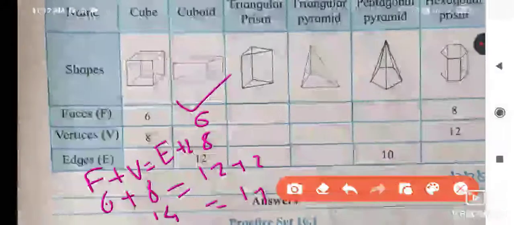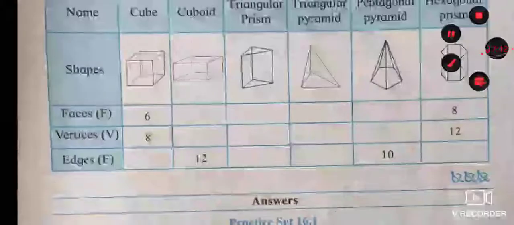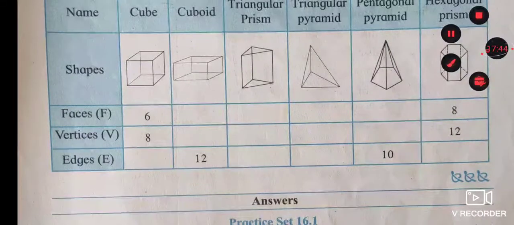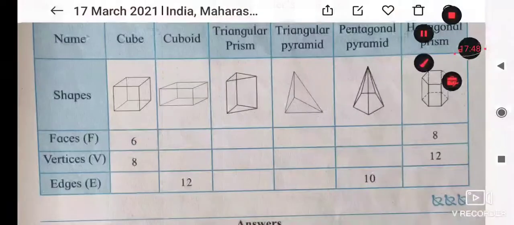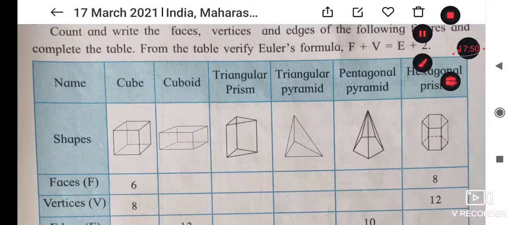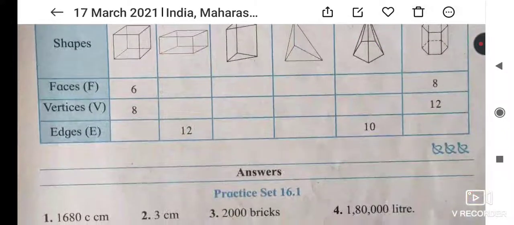So Euler's formula is verified. In this way, you complete this table for the hexagon, triangular prism, triangular pyramid, pentagonal pyramid, and hexagonal prism. For all of these, you have to verify the formula and complete this table.